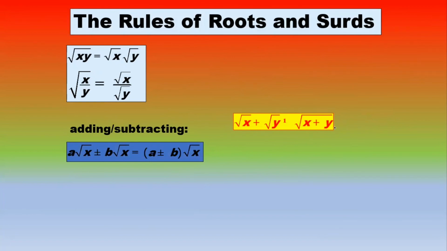No. Let us see with an example. Root of 4 plus root of 9 is not equal to root 13. We know that root of 4 is 2 and root of 9 is 3, and 2 plus 3 is 5, whereas root of 13 is about 3.6. So root of x plus root of y is not equal to root of x plus y.